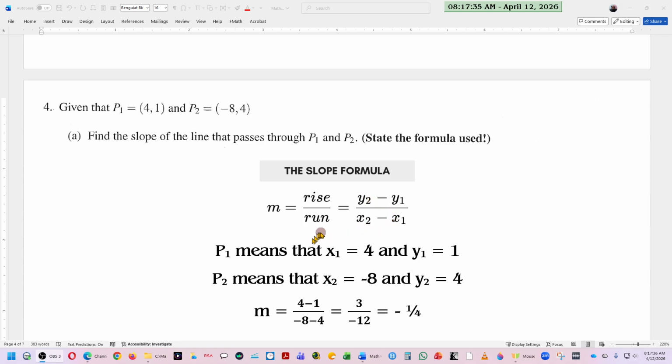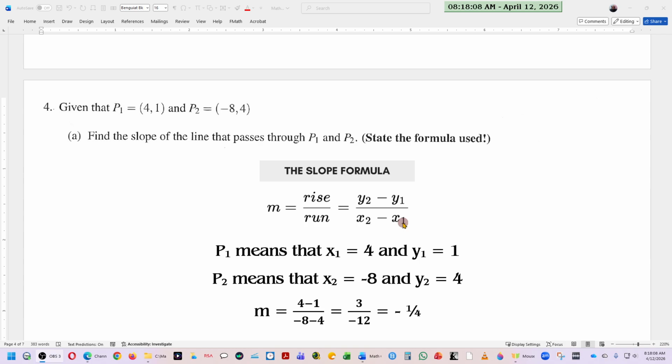The horizontal movement is what they call the run. And so it's similar. This is like you're moving forward or backwards, because if you have a negative movement, you're not moving forward anymore, you're moving backwards. So if you are in a race and someone takes a picture and you're at the 50-meter mark, and then 2 seconds later they take a picture of you and you're at the 75-meter mark, that means you moved 25 meters in those 2 seconds.